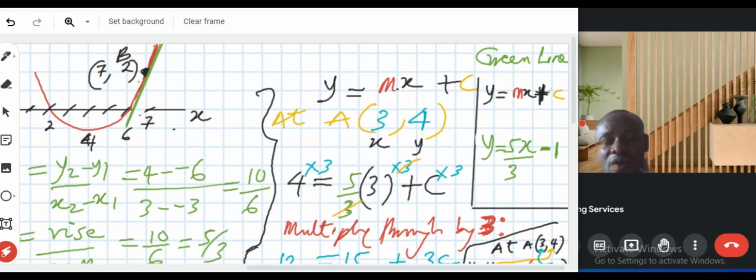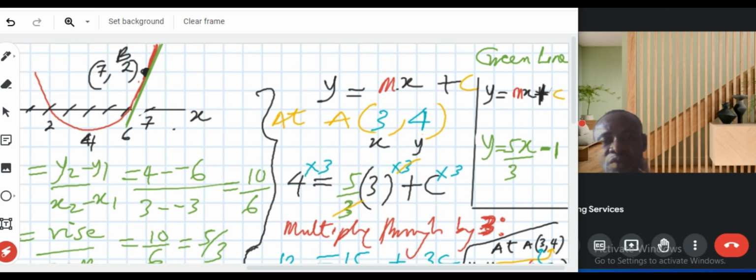Like we did in the previous ones, like when we used 3, 4: after we have gotten the gradient m, we just substitute the x and y values, 3 for x and 4 for y, and then use the gradient we found to get the intercept c.